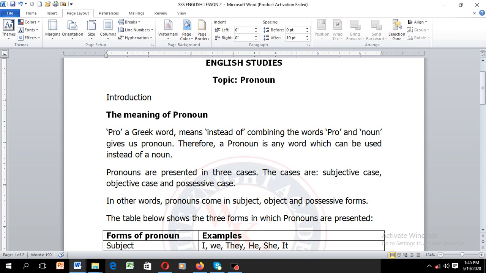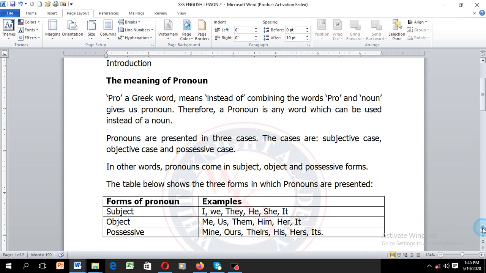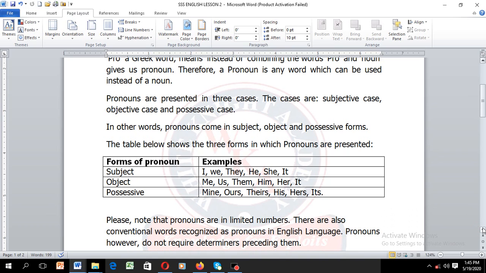The table below shows the three forms in which pronouns are presented. Number one, we have the subject form. The subject form has examples such as: I, we, they, he, she, and it. Then the examples of object forms of a pronoun are me, us, them, him, her, it.